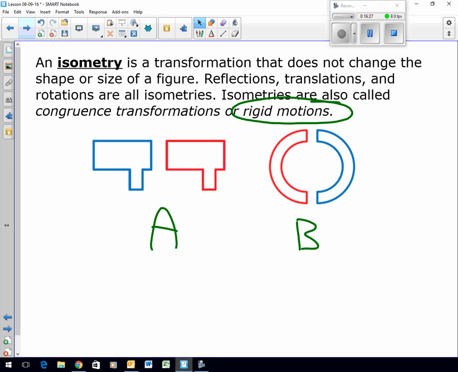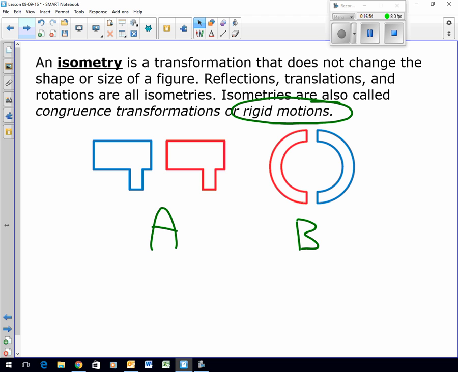Raise your hand if you've looked at them. How many of you think that A is an example of isometry? Good. How many people think B is an example of isometry? How many people don't have a clue and have yet to raise your hand?